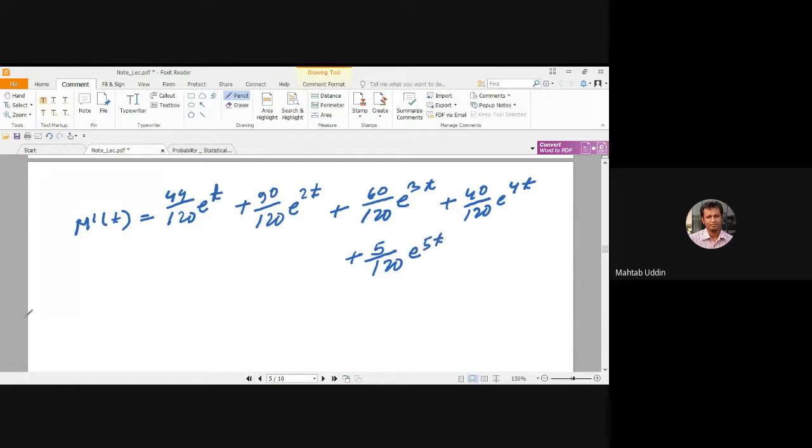And if you put t equal to 0, you'll get 44 by 120 plus 90 by 120 and so on. After adding them, you'll get 239 by 120.